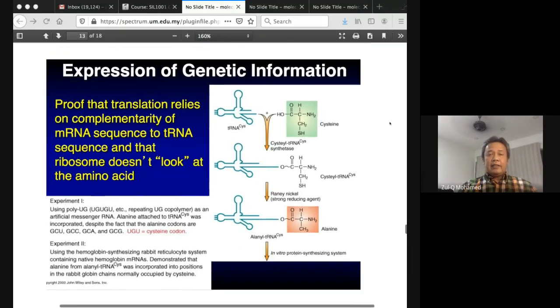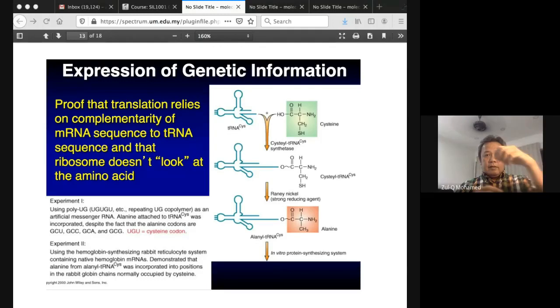So this slide says there was a change. If you have a tRNA and the tRNA is attached with the correct amino acid, they changed the amino acid, in this case from cysteine to alanine.